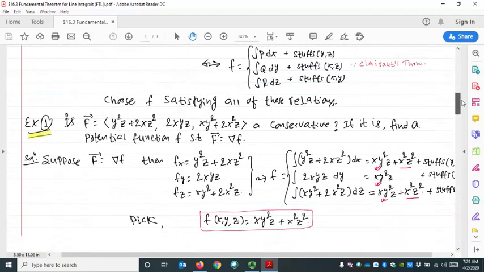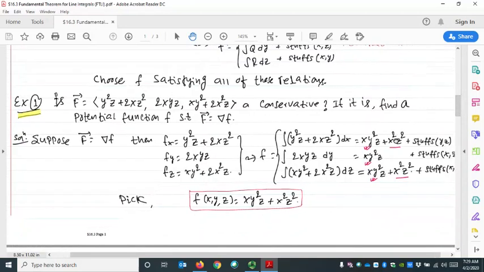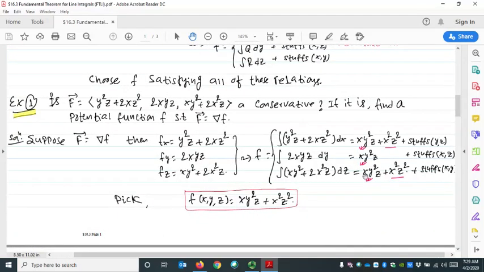Now let's do one quick example. Maybe that's better. Example 1: given the vector field, is it conservative? If it is, find a potential function little f such that the vector field equals the gradient of f, or the vector field is a gradient vector field.